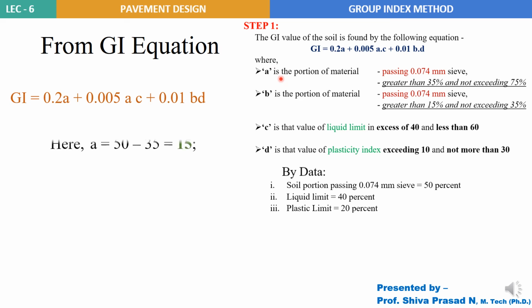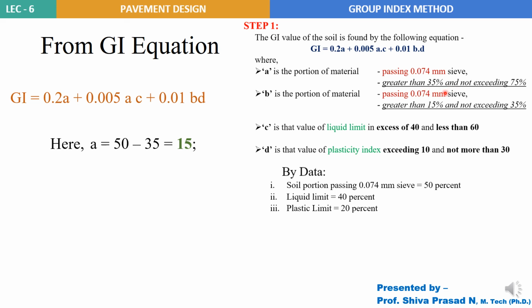So the first value A, that is the portion of the material passing 0.074 mm sieve greater than 35% and not exceeding 75%. So what does it mean? A is that portion of the given percentage passing value, that is 50%, which is in excess or greater than 35%.